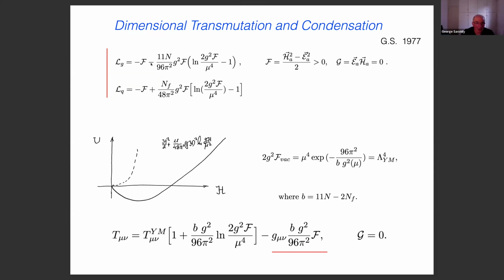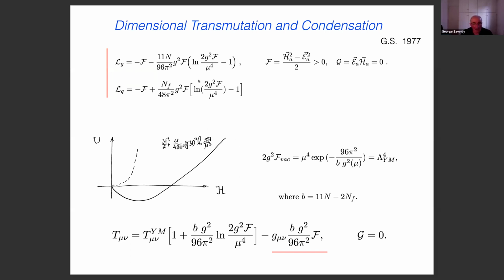So as you see, in Yang-Mills theory it is minus 11N over 96 pi squared g squared. That's a beta function, somehow, because here is a minus, and this is for fermions. If you have NF the number of flavors, you see that this contribution is with plus. So the logarithm in QED is with plus, and in QCD is with minus, and in the Heisenberg-Euler case it's just plus plus.